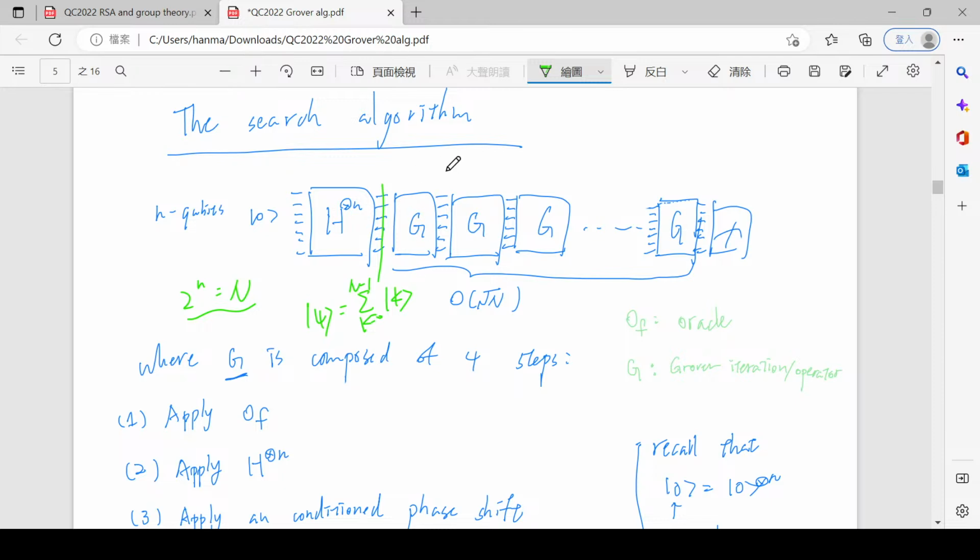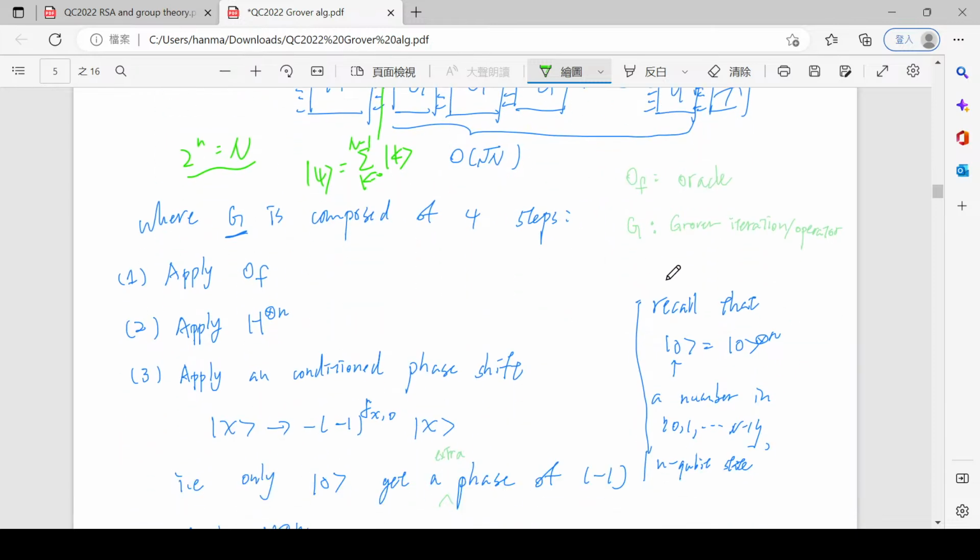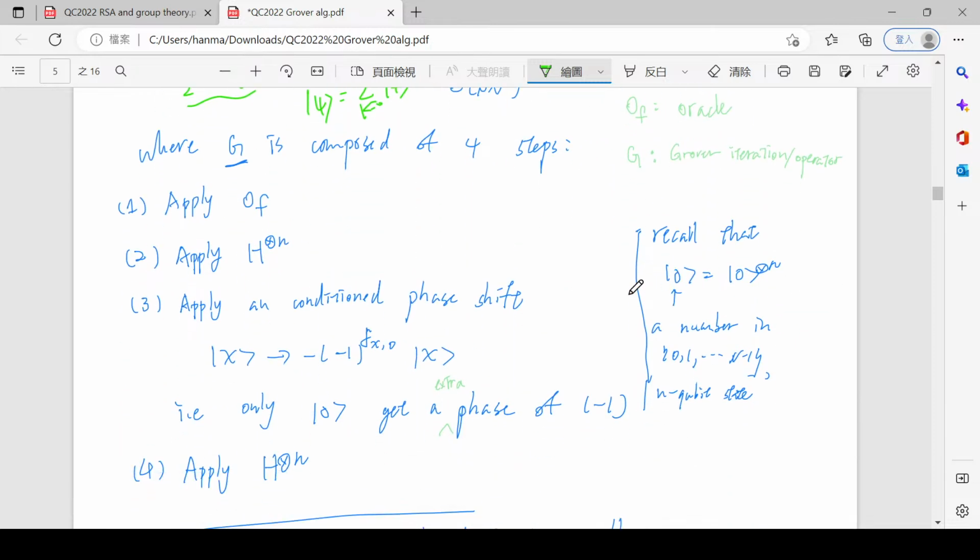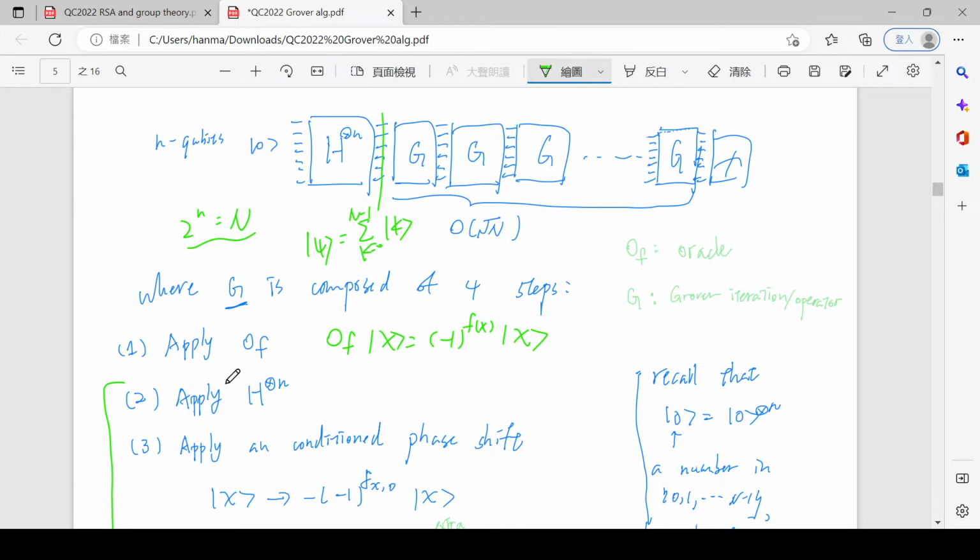And the nontrivial part is this big G thing. It's something in those 4 steps, but actually more like 2 steps. The first step is to apply our OF, where OF of x equals (-1)^f(x) times x. This is the only place you need to use the oracle.